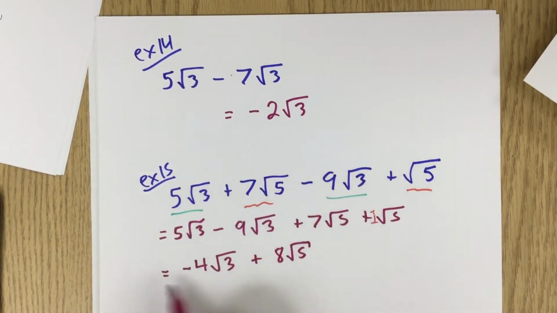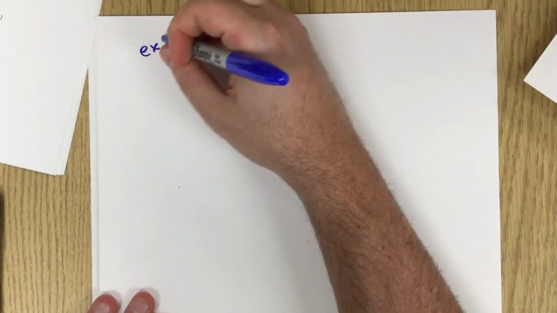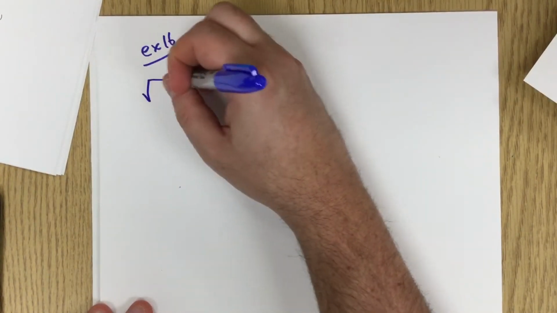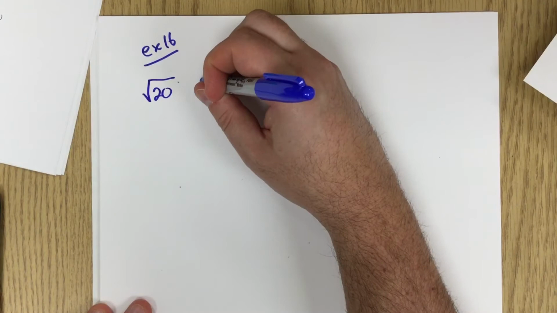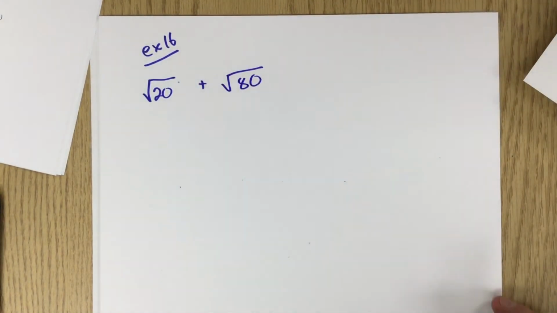It can't be simplified any further. So this one over here, we look at it and say, well, they're different, so clearly they cannot be added together.